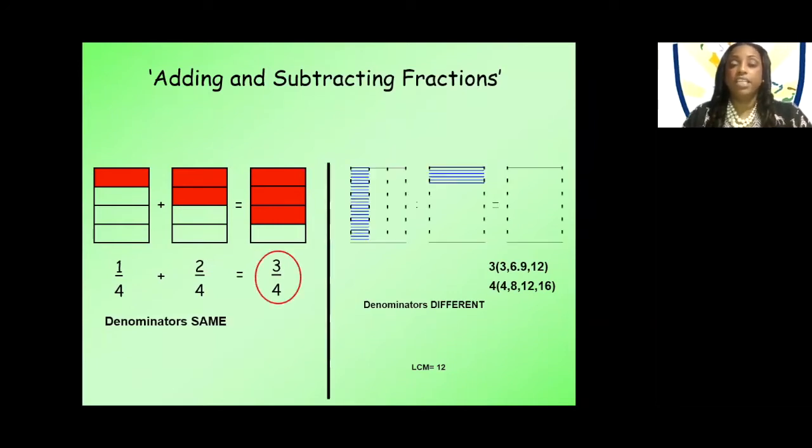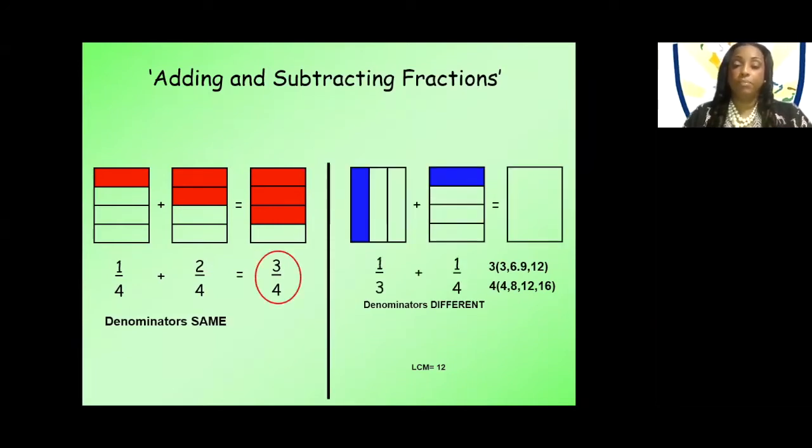Okay, the next scenario we will encounter is when the denominators are different. When we have different denominators to deal with, what we want to do is find the LCM. Remember in the beginning, I said to you, the LCM is the lowest common multiple of two numbers. Okay, in this case, we have 3 and 4.